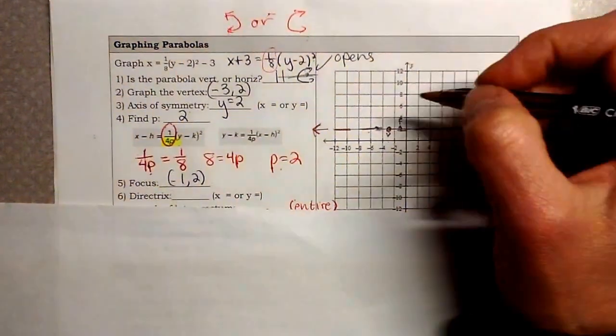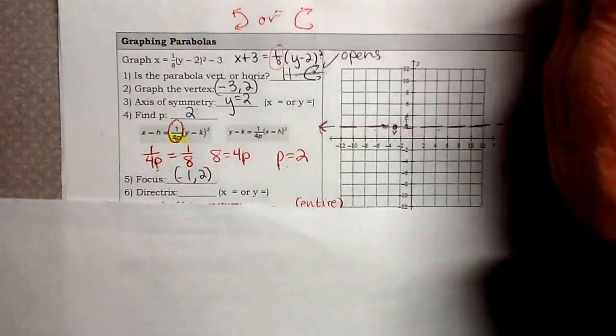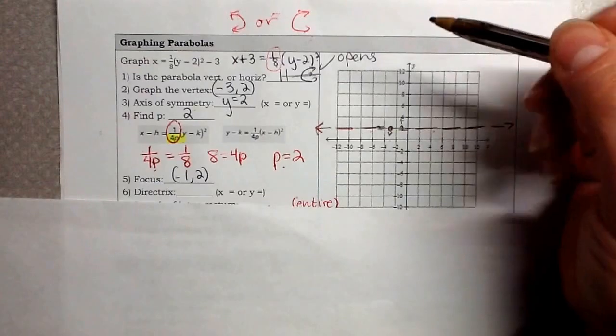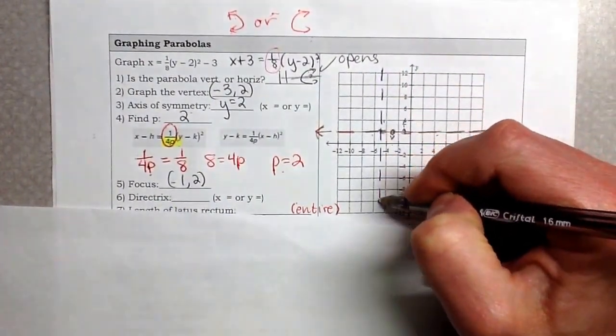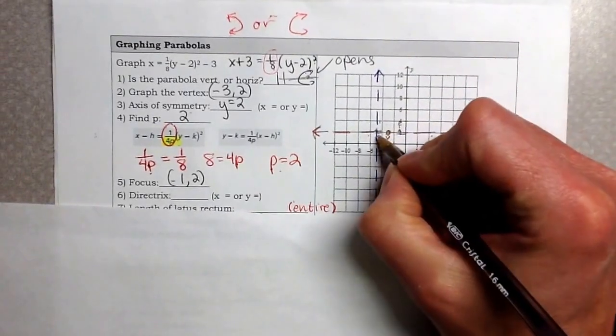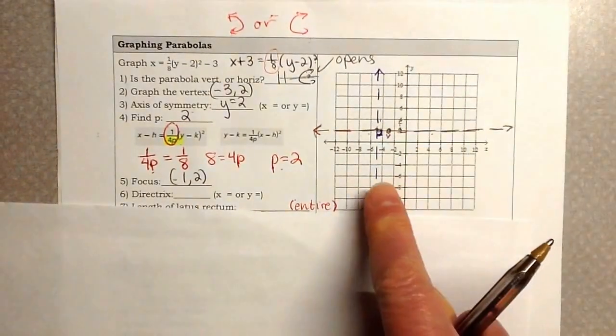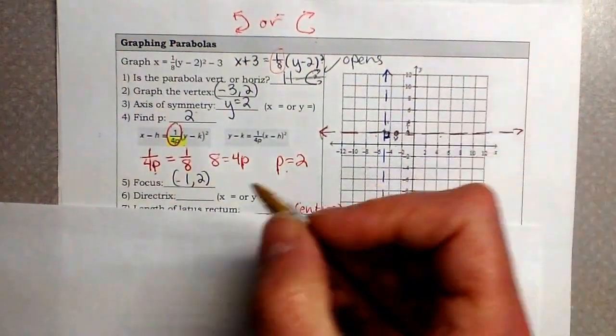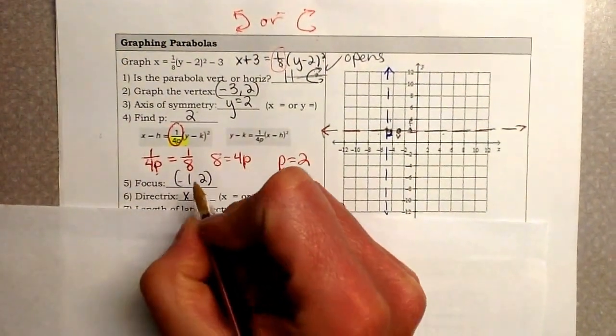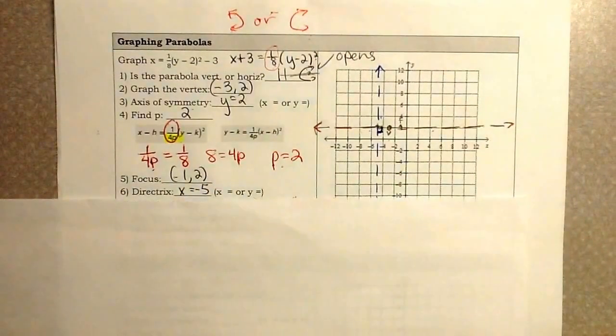So this is going to be a line. Okay, and these are perpendicular. Now this is a line as well, so we need to say either x equals or y equals, and since it crosses the x-axis, we're going to say x equals -5.